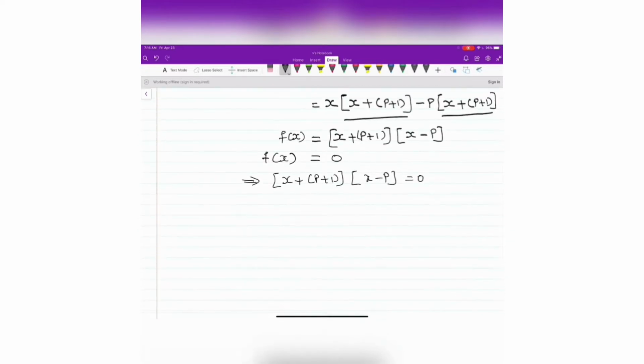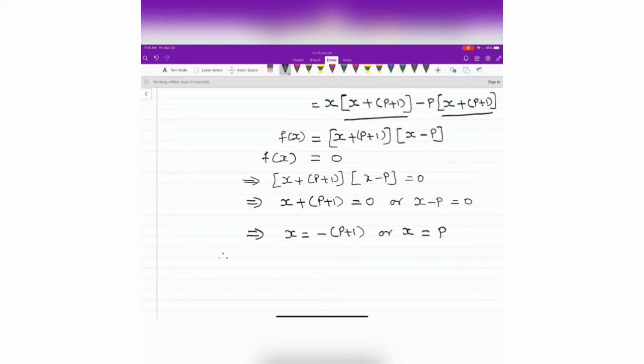This implies x plus p plus 1 equal to 0 or x minus p equal to 0. This will give you x is equal to minus p plus 1 or x is equal to p.